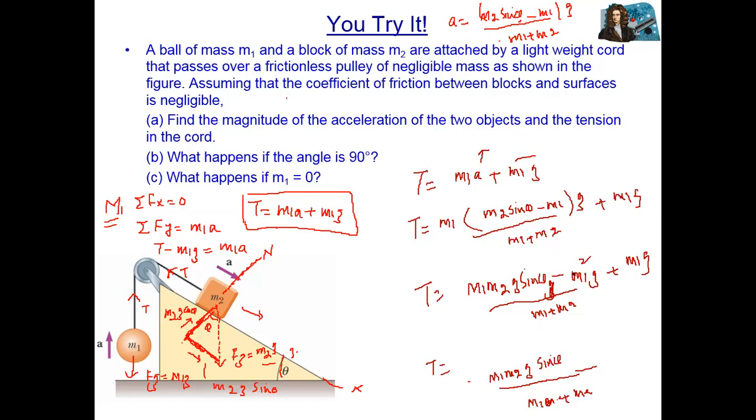Correct? This one we have minus M1 square G. Now denominator is 1, so 1 divided by this one M1 plus M2, it means this multiply with this one. We have M1G multiply with M1 plus M2.